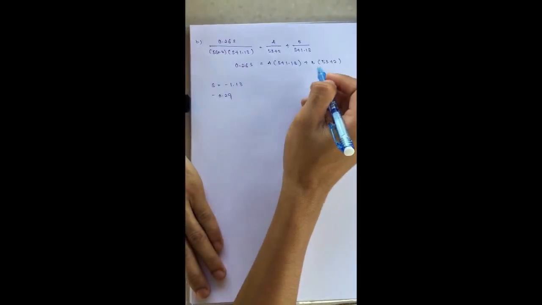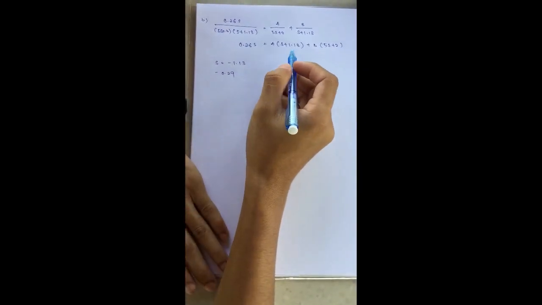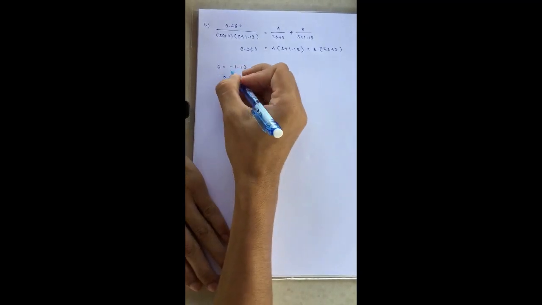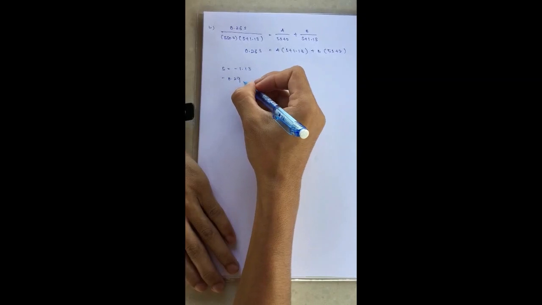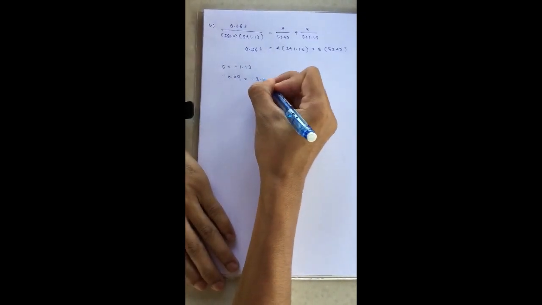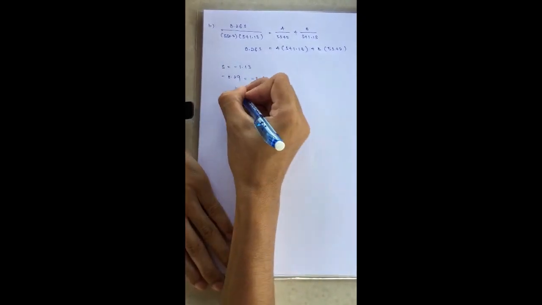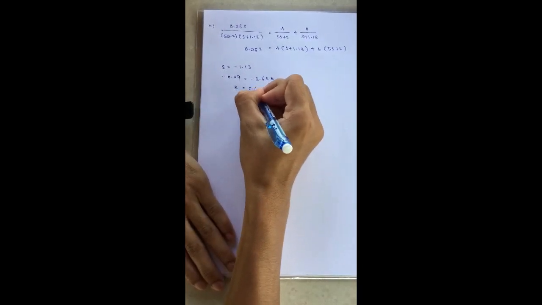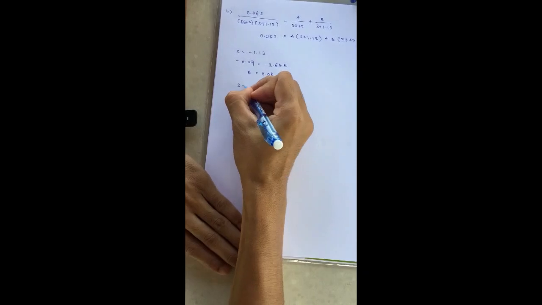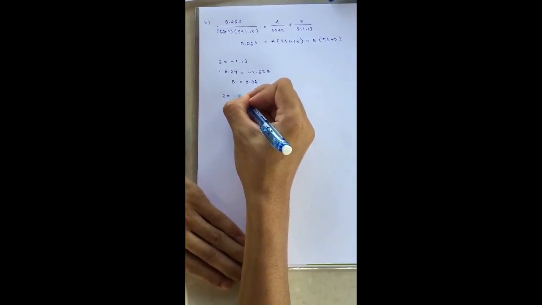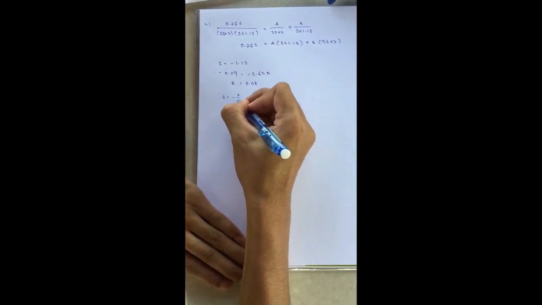The second part is part B. To find the value of B, we assume that S equal to negative 1.13. Then we get the value of B is equal 0.08. To find the value of A, we assume that S equal to negative 2 over 5.